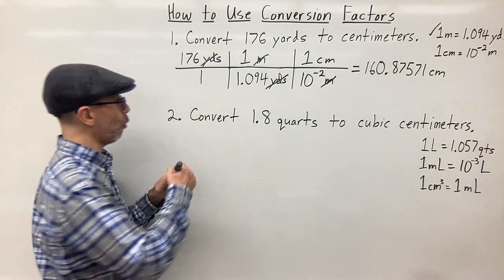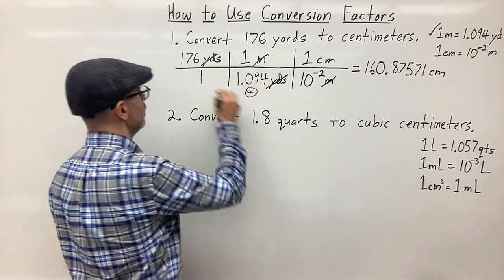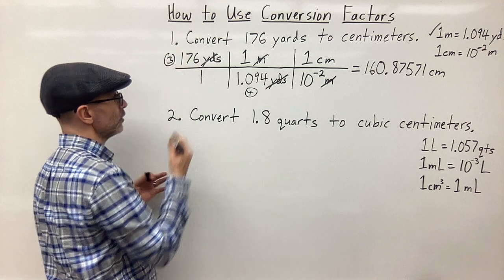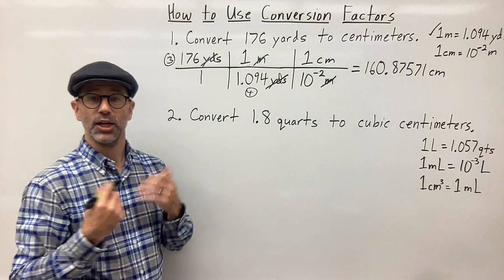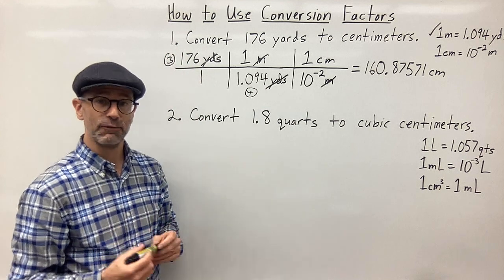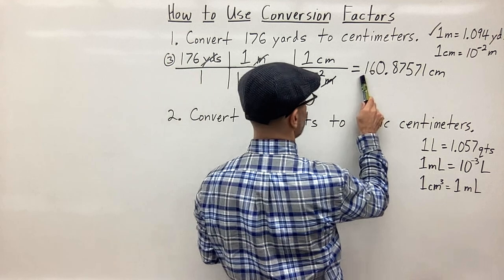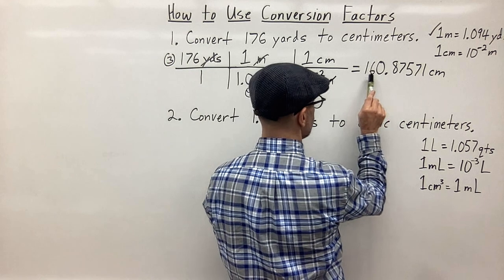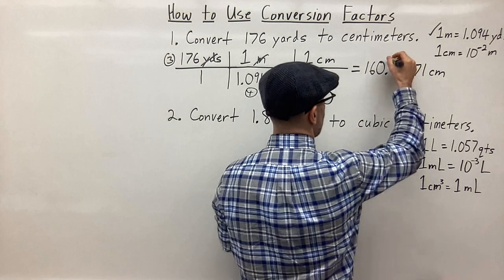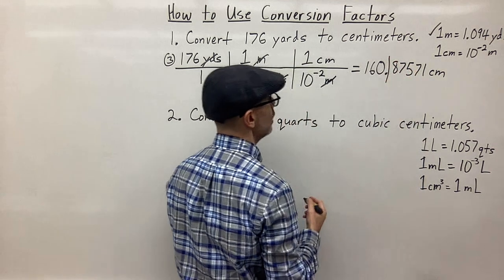Well, this one has 4. This one has 3. 3 is less than 4, so your answer should only have 3 sig figs. So you count 1, 2, 3. I'm going to keep this one, this one, this one. So I cut it off after the 0.